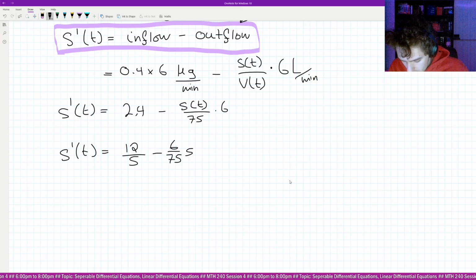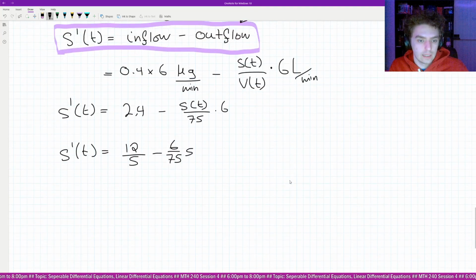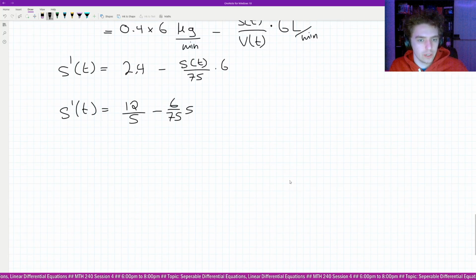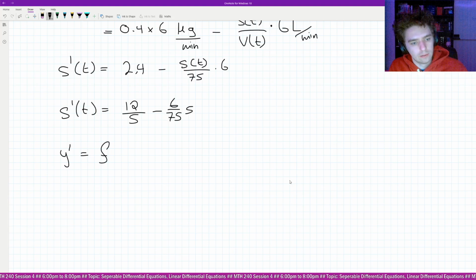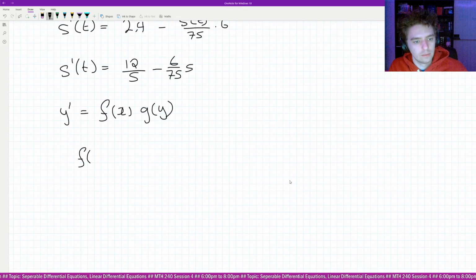So from here on, we can just solve this as a, what's it called? Separable differential equation, right? We have something in the form, I'll say y prime equals f of x, g of y, right? So our f of x, I could factor something out here, and I think I will.